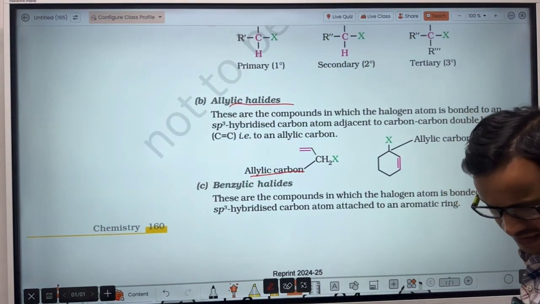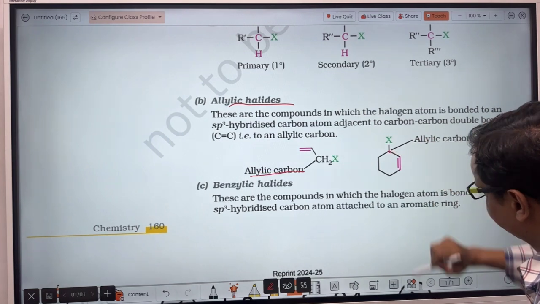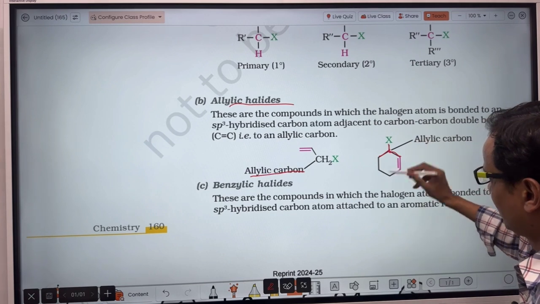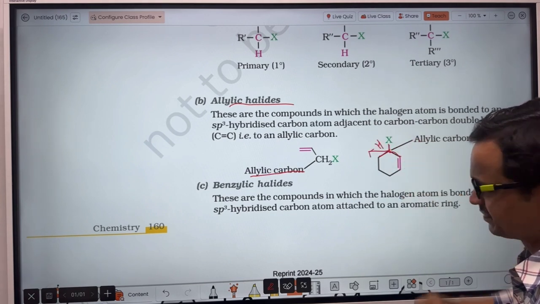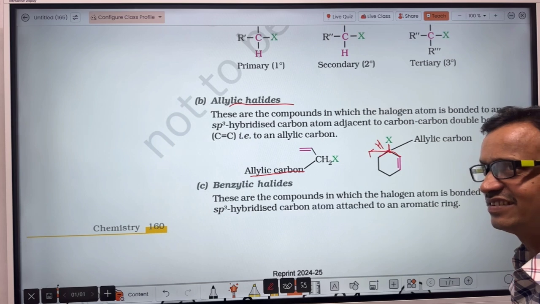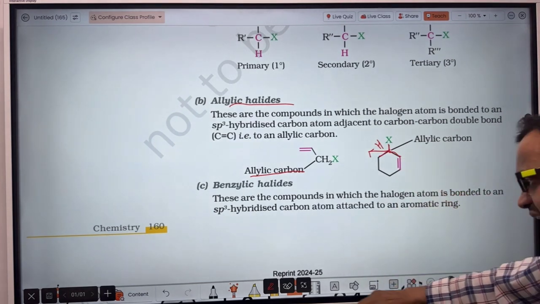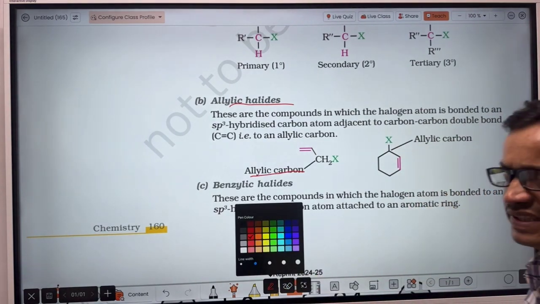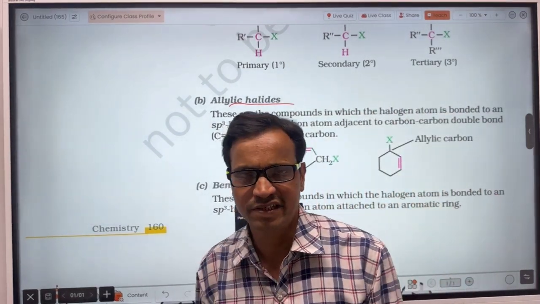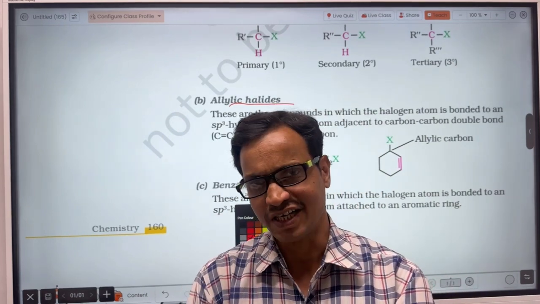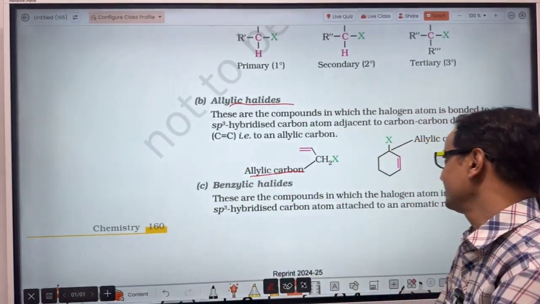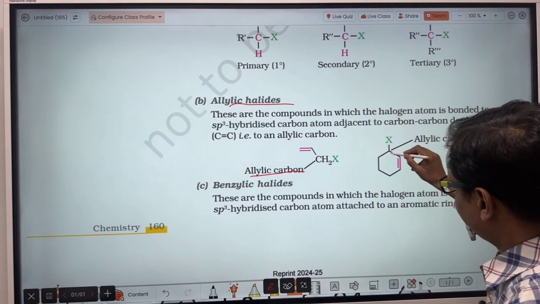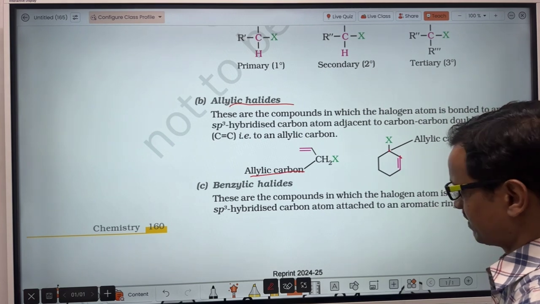Same here. Halogen is bonded to this carbon atom, and this carbon's hybridization is sp3. 1, 2, 3 bonds are shown here, and there is one hydrogen also, which has not been shown, because it is understood that if hydrogen is not written, the appropriate number of hydrogen atoms will be there, so that the tetravalency of carbon is maintained. So the hybridization of this carbon is sp3, and it is bonded to this sp2 hybridized carbon atom.